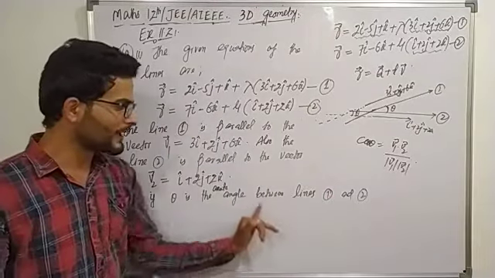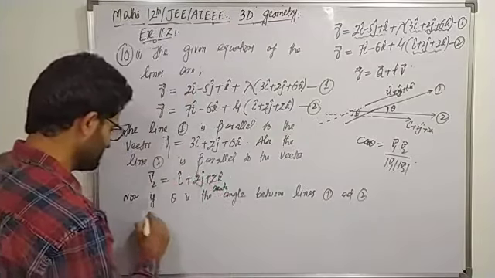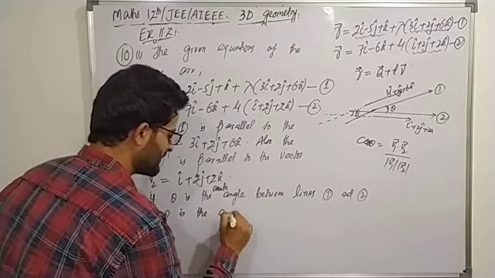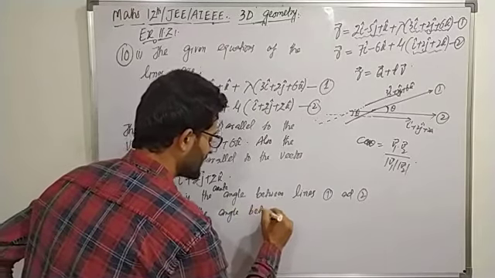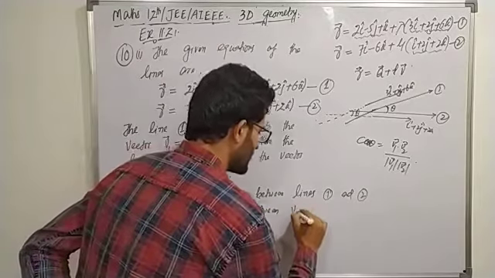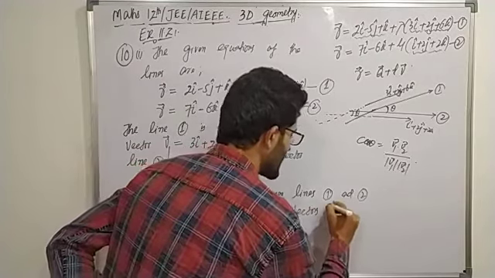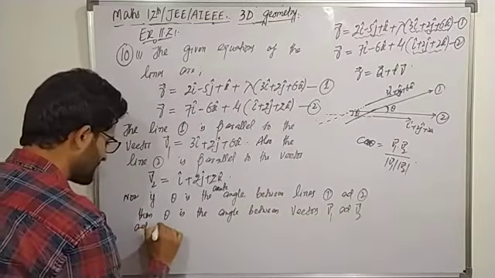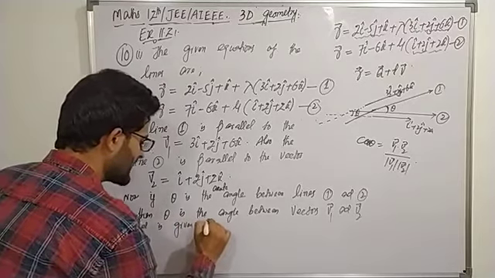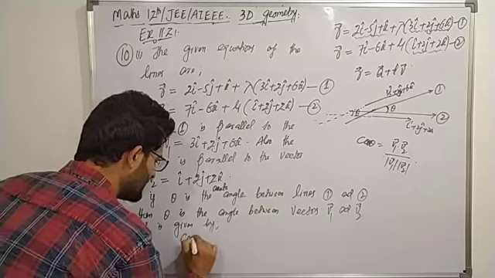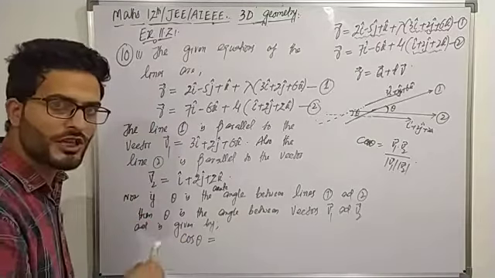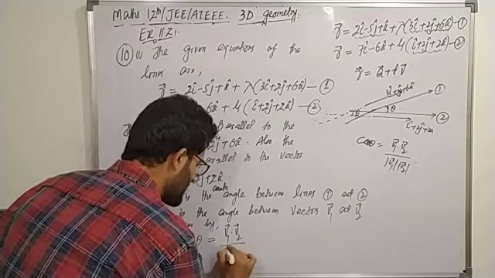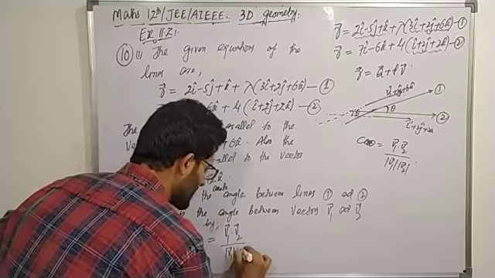Now if theta is the acute angle between the lines first and second, then theta is the acute angle between vectors v1 and v2, and is given by the expression, yes, the cosine of angle between two vectors is equal to their dot product, that's v1 dot v2 divided by magnitude of vector v1 into magnitude of vector v2.